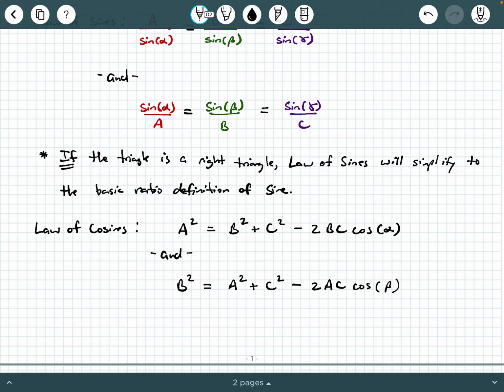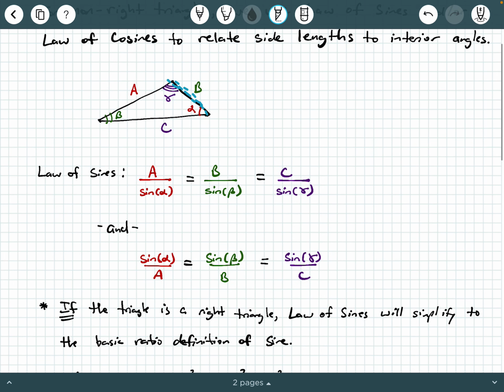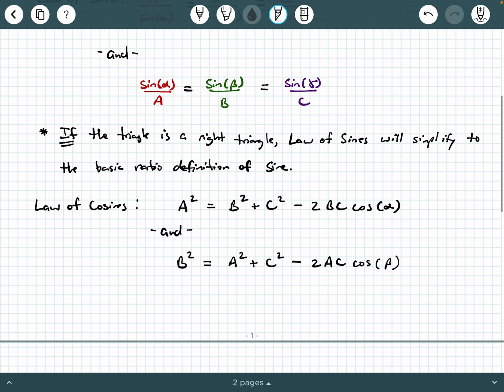So again, you don't have to memorize all of this, right? Because if you just remember a couple of pieces, then the rest will fall into place. Look at this version of it. How is this version a little different but still the same? Well, in the second version, we're saying side B, if you square it, it's going to be equal to the sum of the other two sides, A squared plus C squared, minus 2AC times the cosine of the angle that's opposite B, okay?